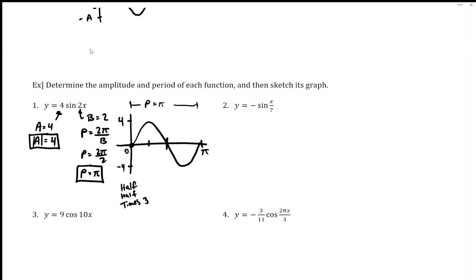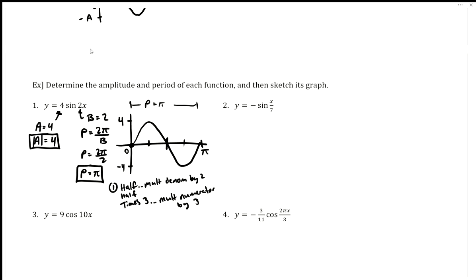And then if we count the tick marks, 1, 2, 3 would give us the next important point. The other way to think of halving is to multiply the denominator by 2, and timesing by 3 is to multiply the numerator by 3.